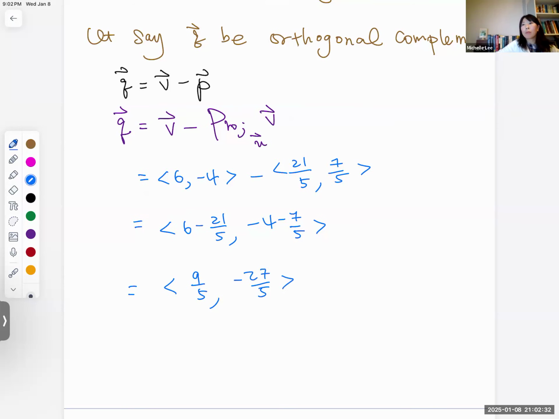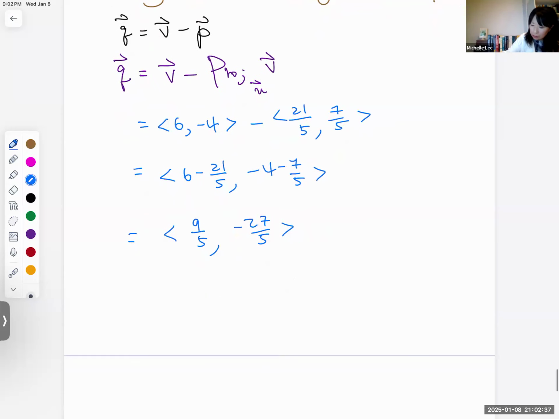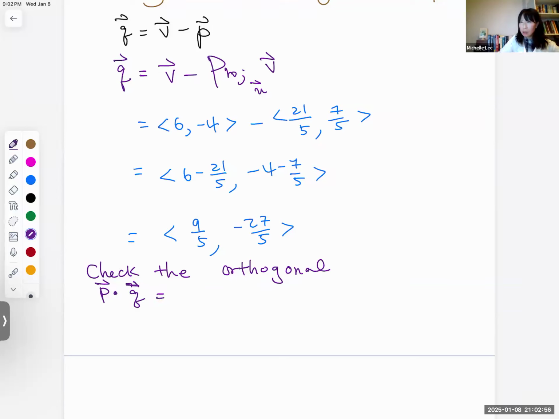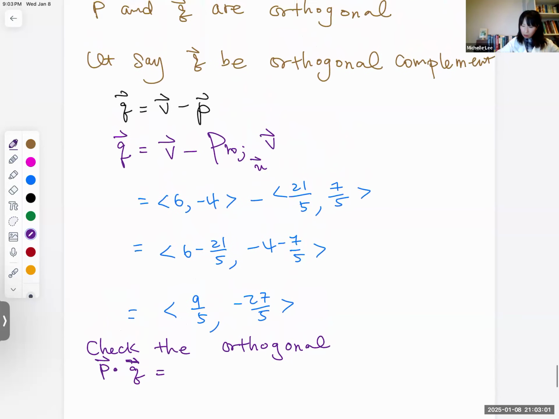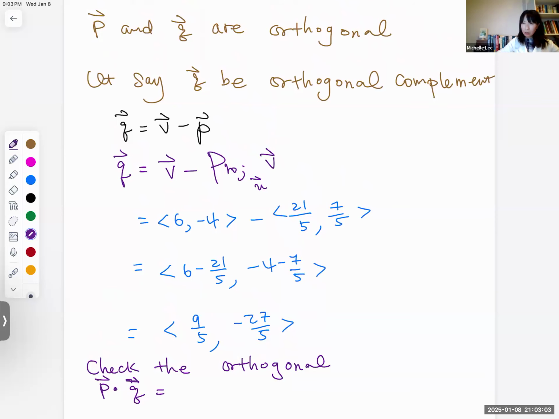We can check the orthogonality, right? So how? Very good, the dot product. Check the orthogonality. So P dot with Q. What's the P?